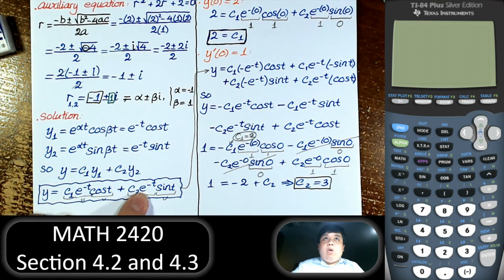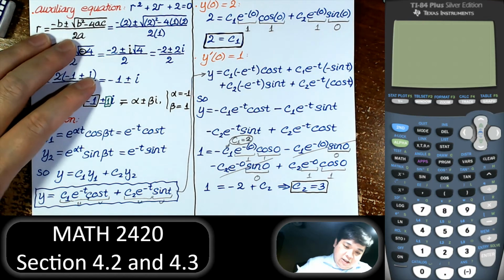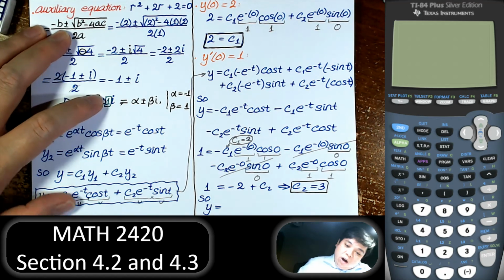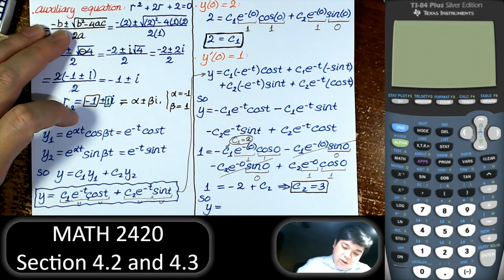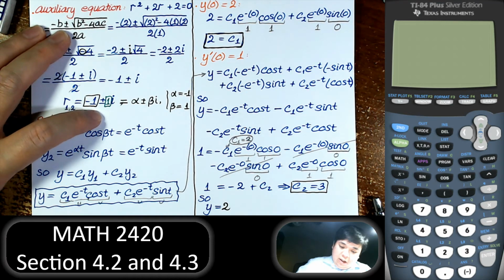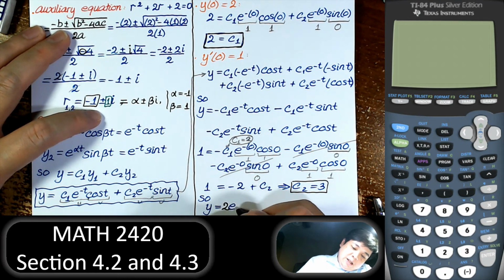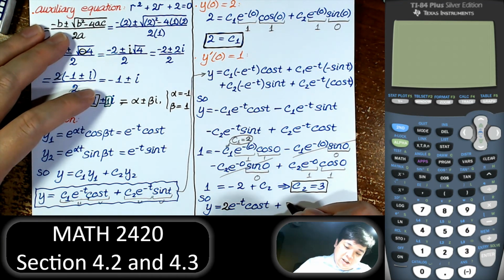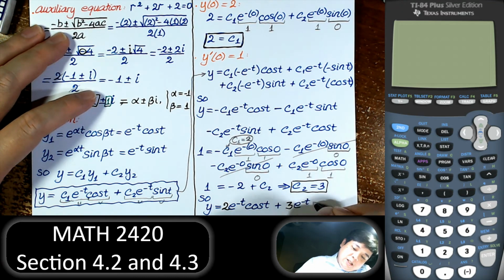Substitute back into this equation. So we have y equal to c1, which is 2, times e to negative t cosine t, plus c2, which is 3, times e to negative t sine t.